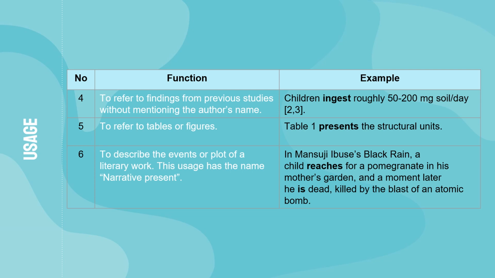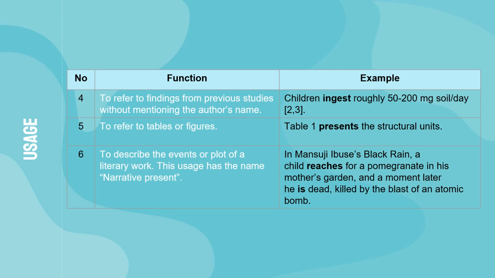The next function is to refer to tables or figures. Example, Table 1 presents the structural units. The last function of simple present in academic writing is to describe the events or plot of a literary work.